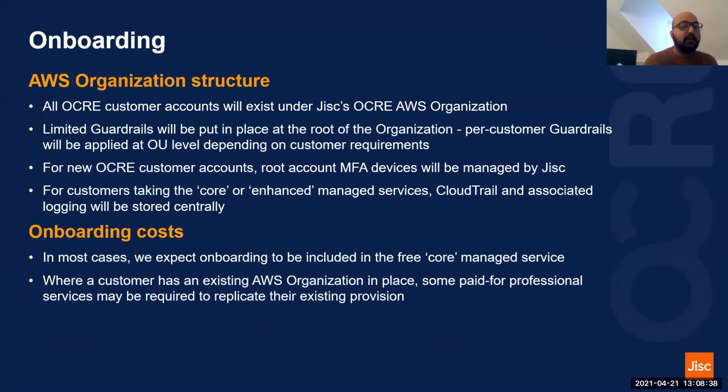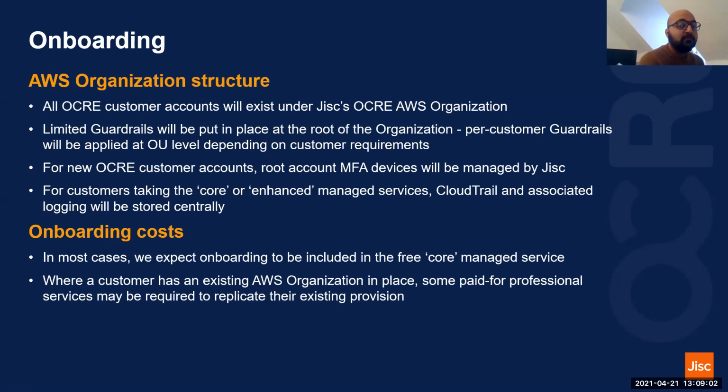Regarding onboarding, OCRE sales will require the setup of a new AWS account or migrating existing ones into the Jisc AWS organization structure. We have set up a new partner org just for OCRE sales. This is because the 14% discount is available when bought via Jisc as a reseller. We will onboard all OCRE customers into a new OCRE AWS organization.